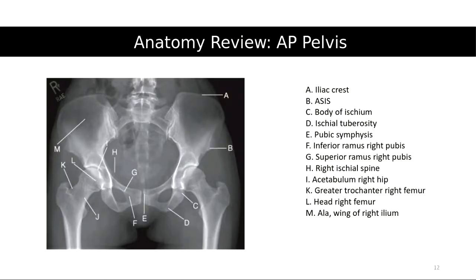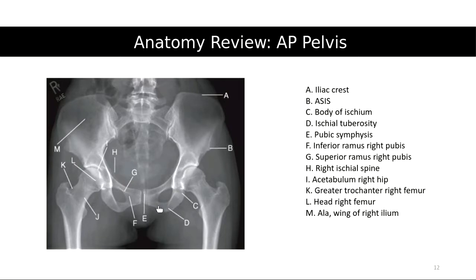When we look at the anatomy on an AP pelvis, again, just to guess, this is a female pelvis. You can see the iliac crest, which is represented by the most superior portion of the ilium. You've got the ASIS, or the anterior superior iliac spine. The body of the ischium down here, ischial tuberosity right here. This would actually be the left ischial tuberosity, the body of the left ischium.